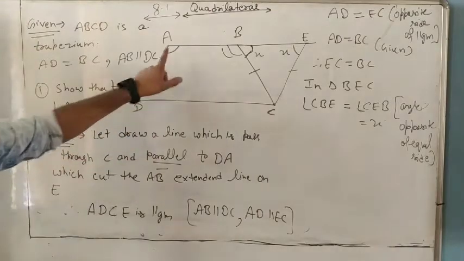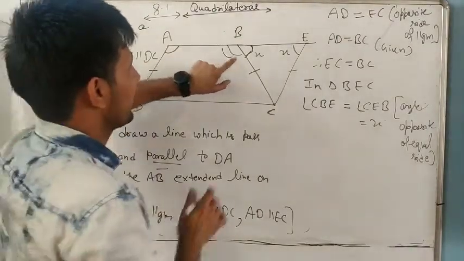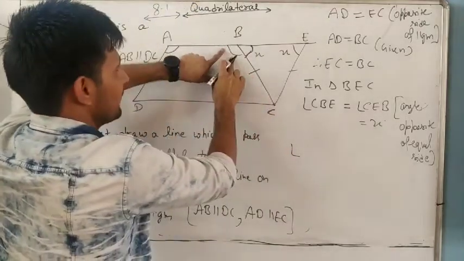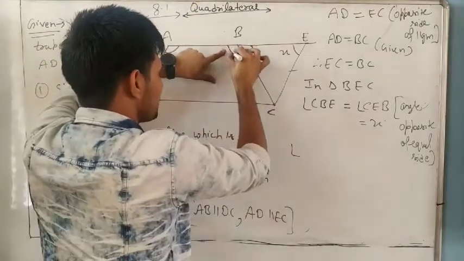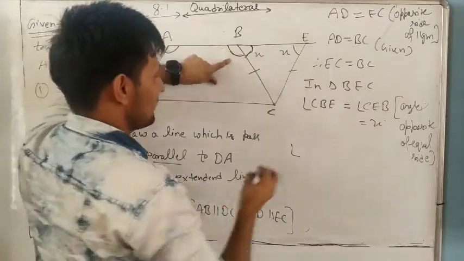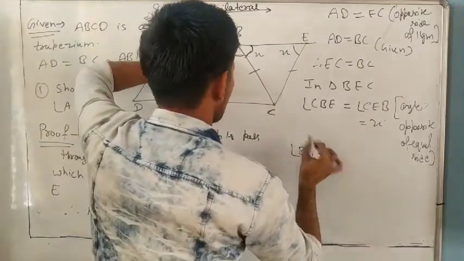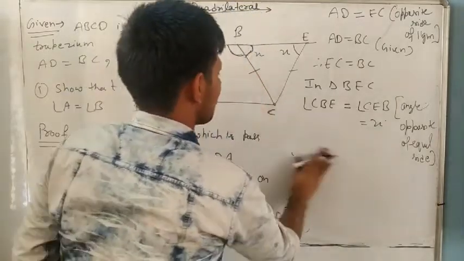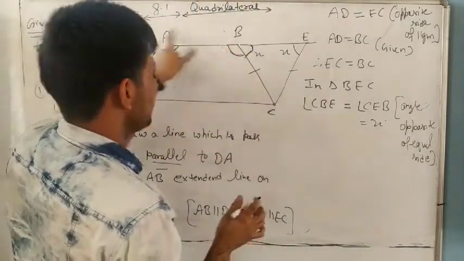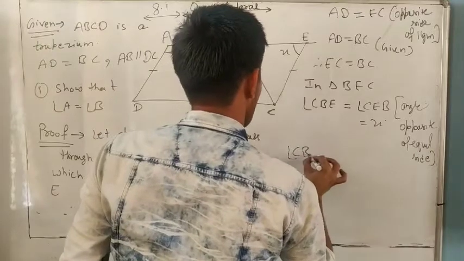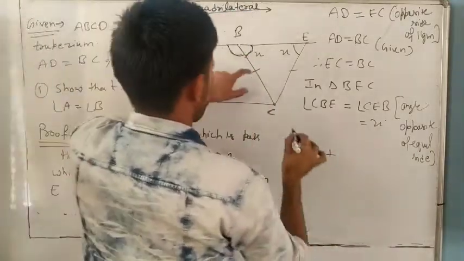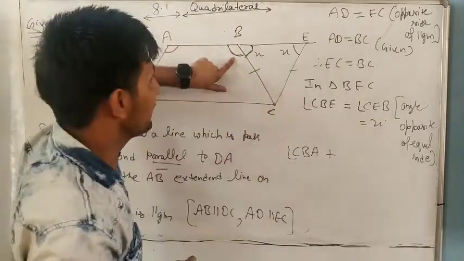So now we will find from this one. Here, how much is angle B? So we write angle CBA plus this one always 180.